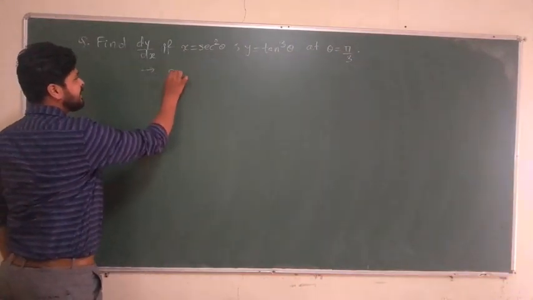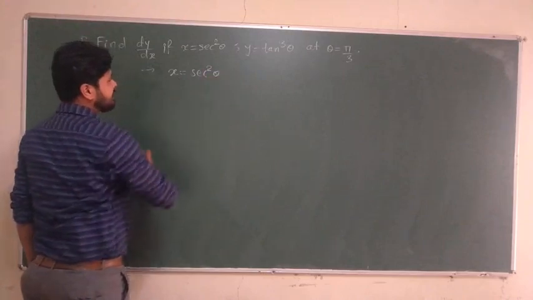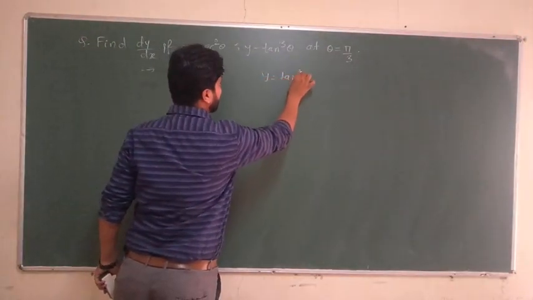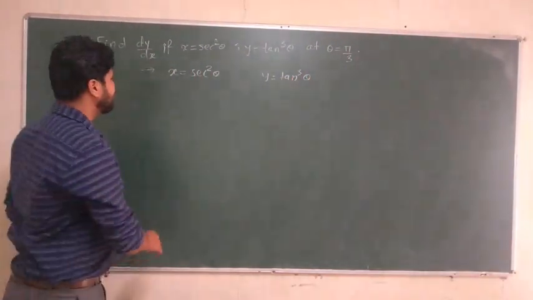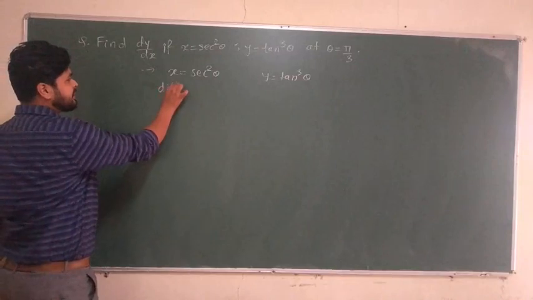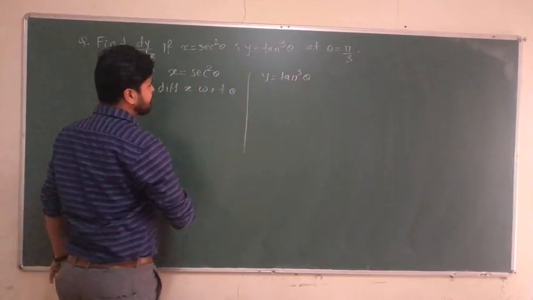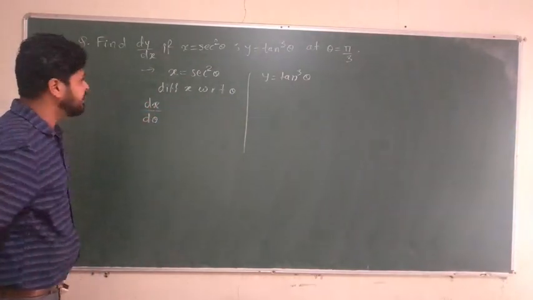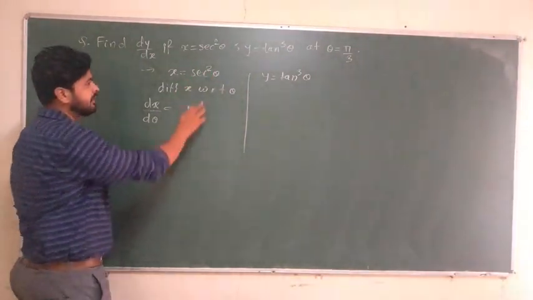So what is x here? X is equal to sec square theta and y is equal to tan cube theta. Now here the parameter is theta. So if I differentiate x with respect to theta, then dx by d theta equals, now the derivative of sec square, first we take the derivative of the power.